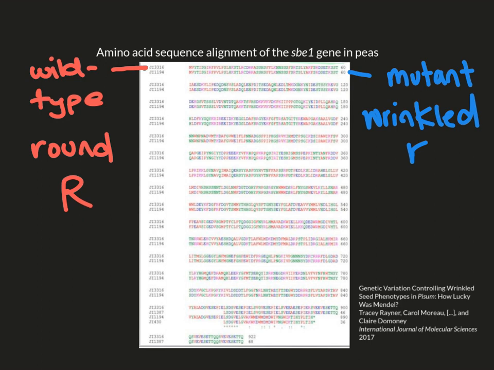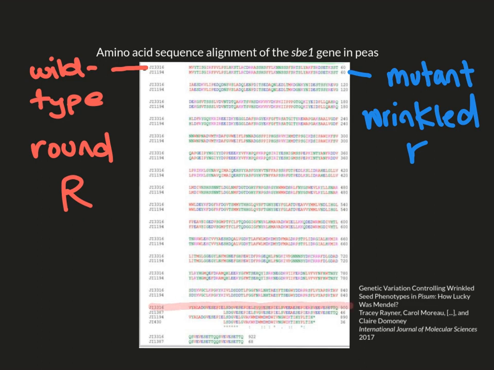And it's not until you get down here to the end where you see some major differences. And the authors of this paper have also included a few more alleles of this gene that they've observed in natural populations.